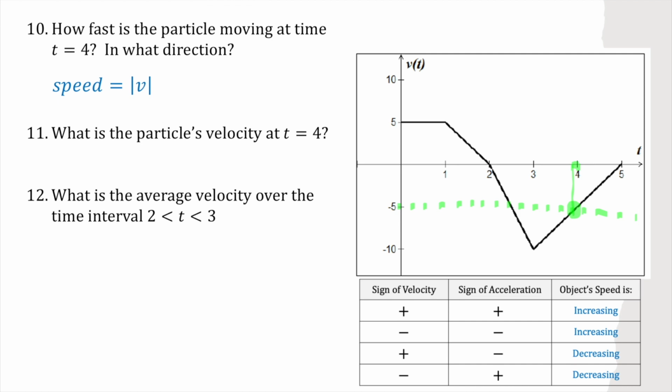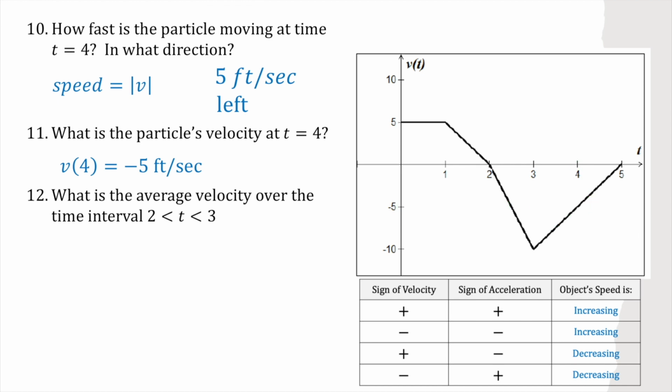And at 4, our graph is at -5. So this guy is moving at 5 feet per second. What direction? Well, it's negative, so that means to the left. What is the particle's velocity at t equals 4? Well, now you take the absolute value brackets off, so the velocity is -5 feet per second.